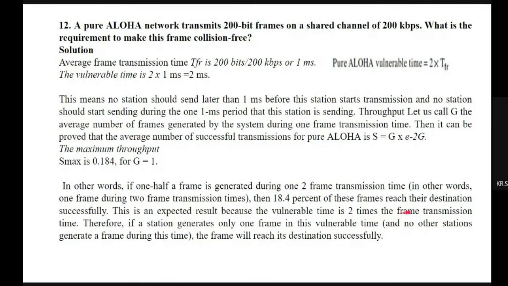So the final transmission value, the vulnerable time, is 2 times the frames or the transmission frames. So therefore, if a station generates only one frame in the vulnerable time, the frame will reach the destination successfully. This is the concept of pure Aloha transmitting in the collision-free situation.